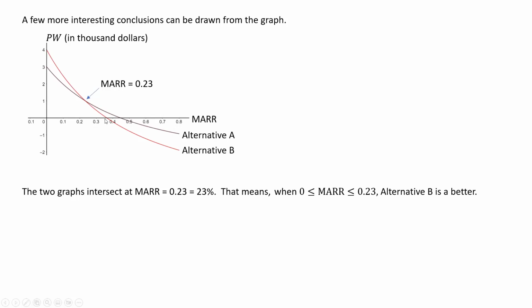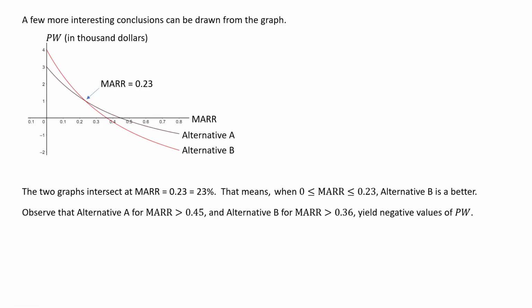However, at 0.45, you are better off doing nothing. As long as we are in the positive territory, that option is better than do nothing. But the moment you dip into negative territory, do nothing is better. Okay? Negative values mean do nothing is a better choice.